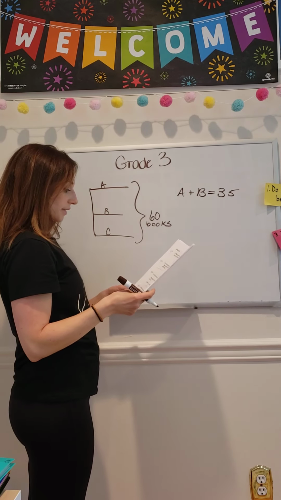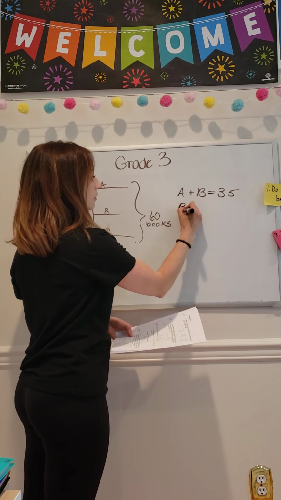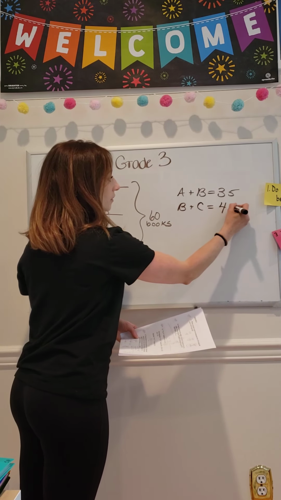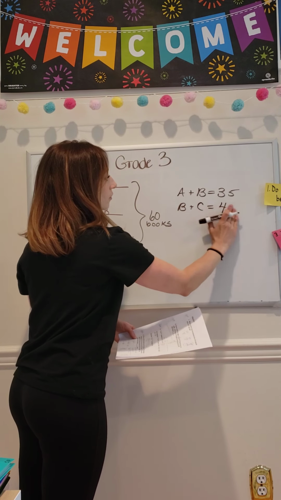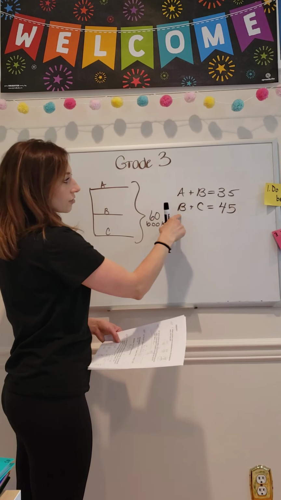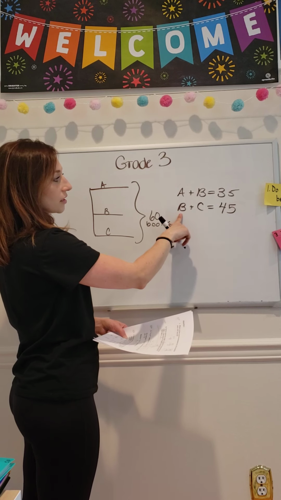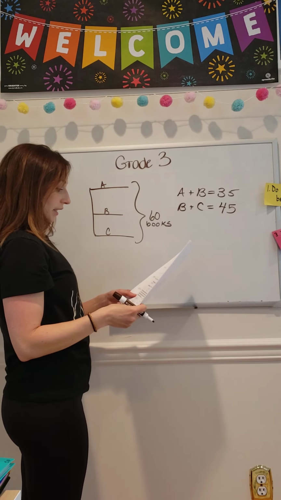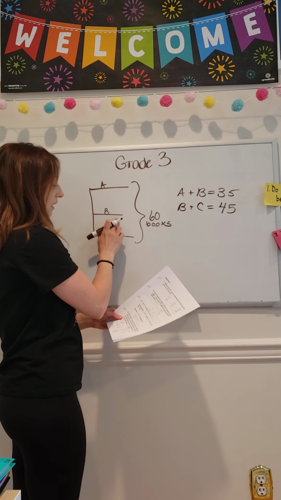Then it says the second and third shelves contain a total of 45 books. Oops, I almost wrote a B. As you can see in both of these equations, we're counting the letter B twice. So the second shelf then contains how many books?